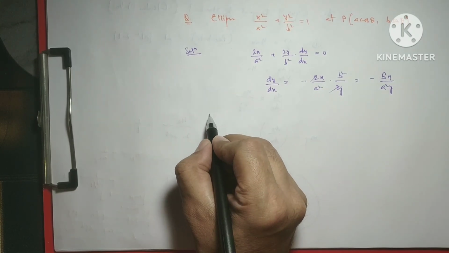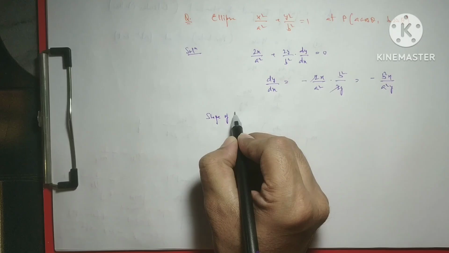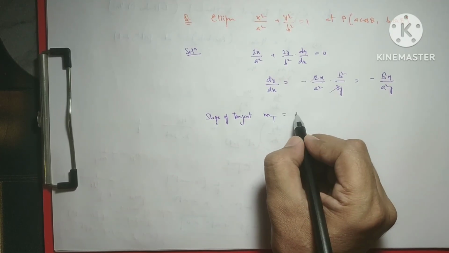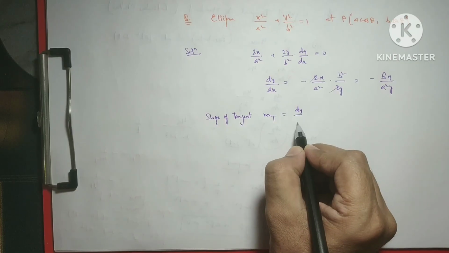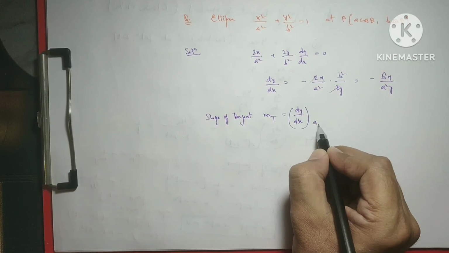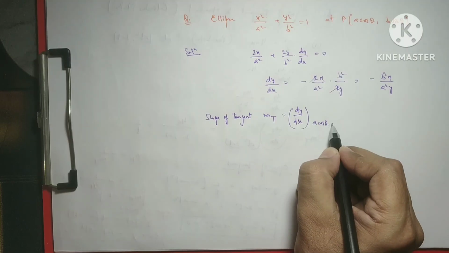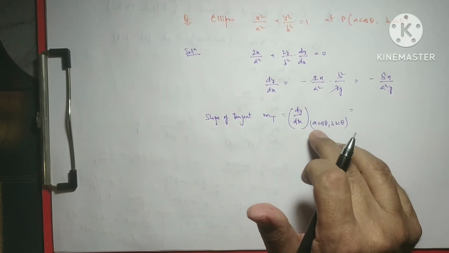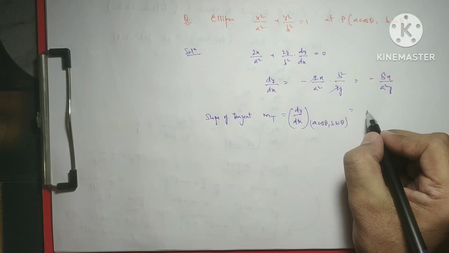And what is the slope of tangent? That is mt, means dy over dx at the given point, and the given point is a cos theta, b sin theta. So put this value in this expression.